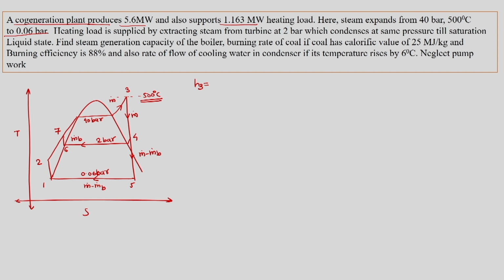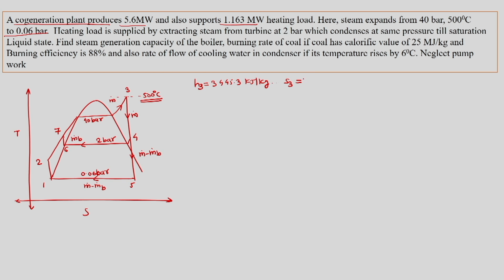H3 is found at 40 bar and 500 degrees Celsius in the superheated part of the steam table, and this gives us 3445.3 kilojoule per kg. We will also note S3 at the same time, so that we can equate it for the other corners of the cycle.